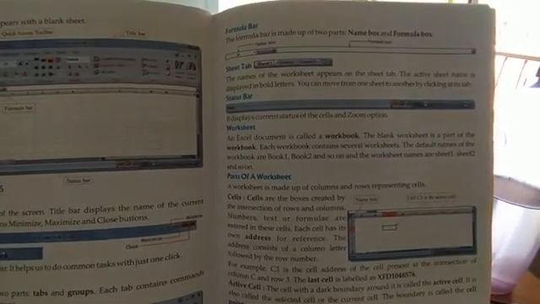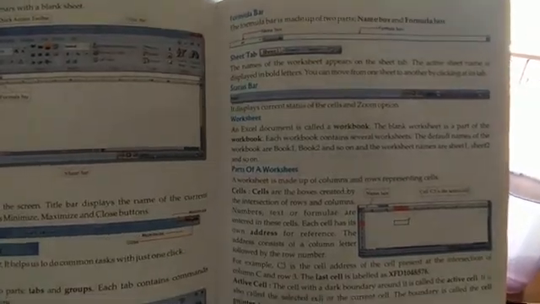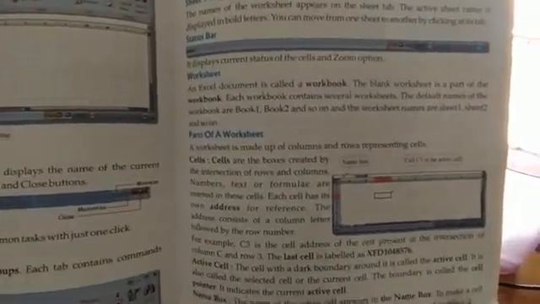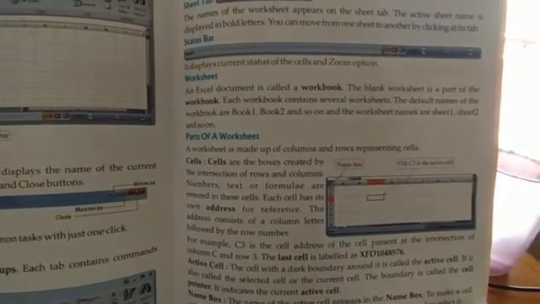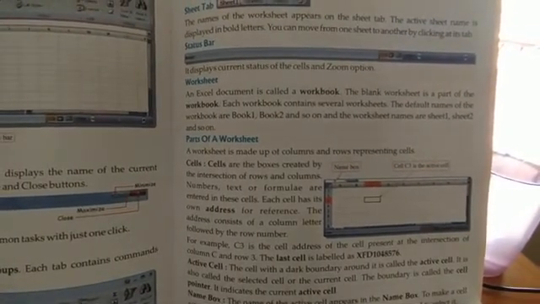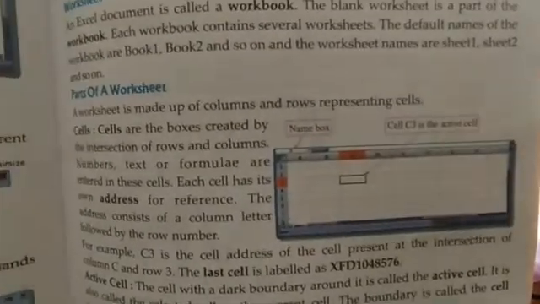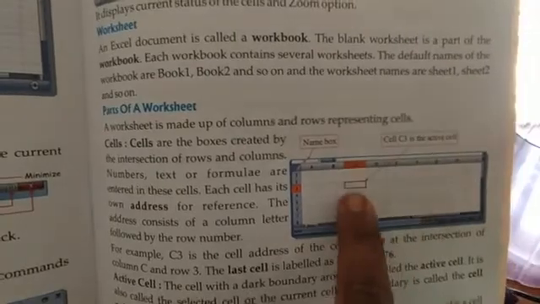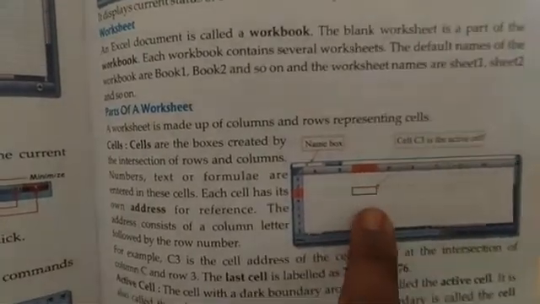The address consists of a column letter followed by a row number. For example, C3 is the address of the cell present at the intersection of column C and row 3. Okay, you can see in the diagram also, there is a column C and row 3. So the address of this cell will be C3.